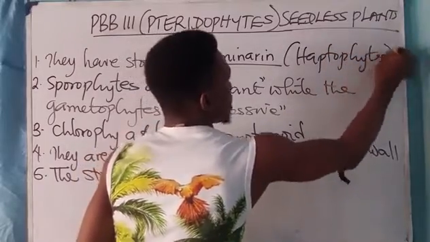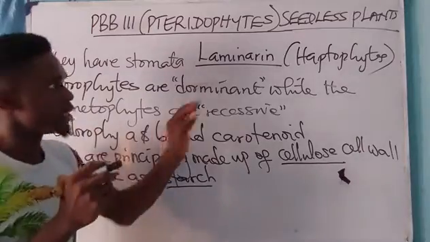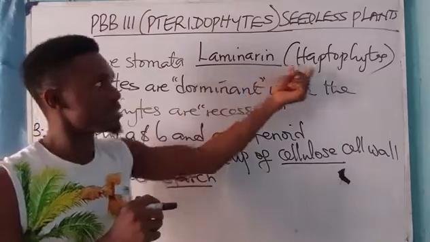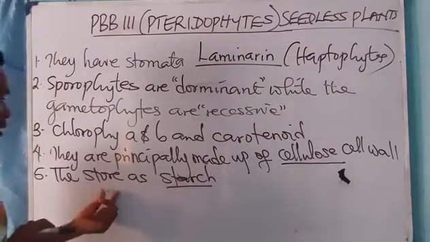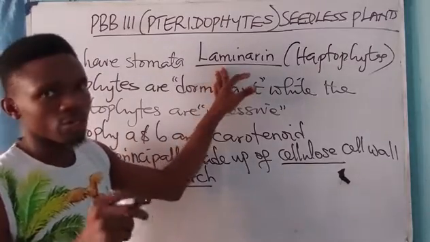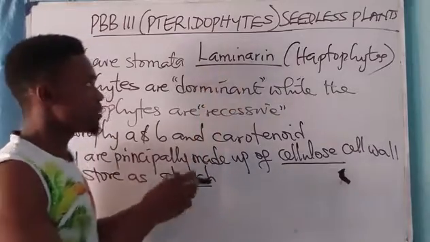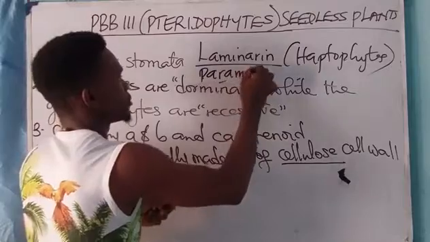Now I've treated this topic already. I'm just trying to lay emphasis on this very one. They stock carbohydrate as laminarin. That is the haptophyte or the prymnesiophyte. But the pteridophyte stocks carbohydrate as starch. Then the euglenoids, that is euglenophytes, stock carbohydrate as paramylon. You can see the difference, paramylon.